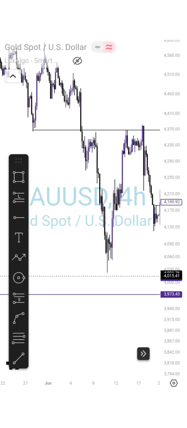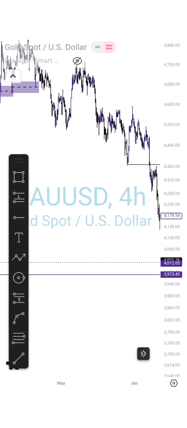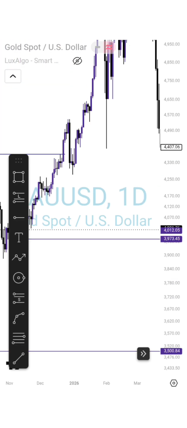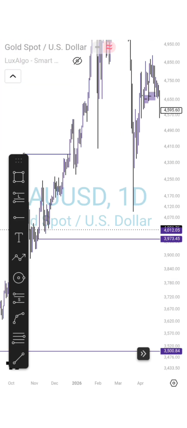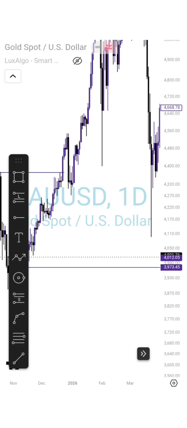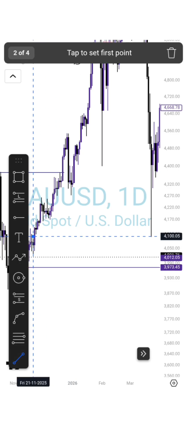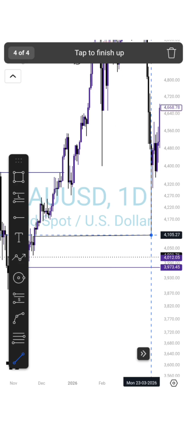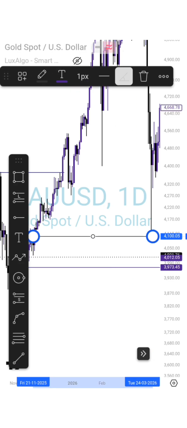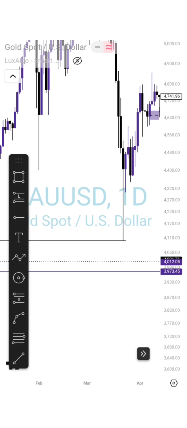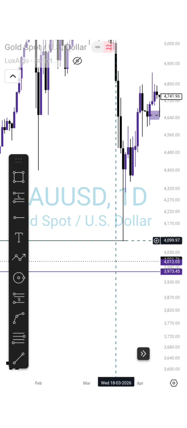Okay, so now let's use this particular price action on gold, where price reacted on this particular order block here and rejected immediately.